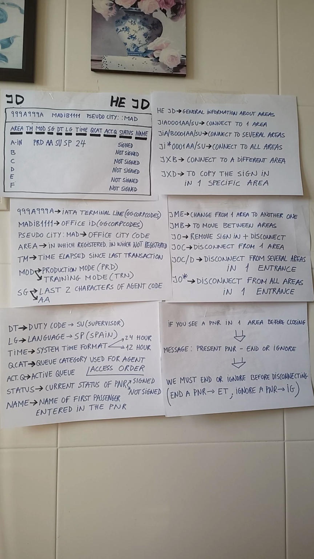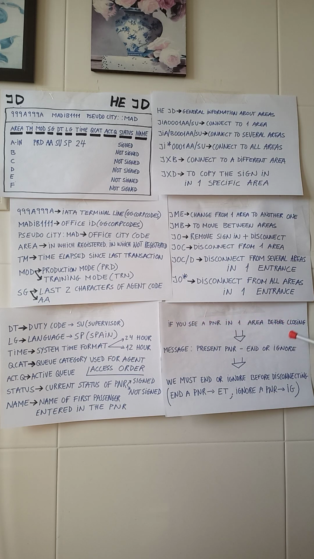Now I go to the last page on the right margin, this one, which describes a special situation. If a PNR is displayed before disconnecting from a certain area, the system displays the following message: PNR present and/or ignore.